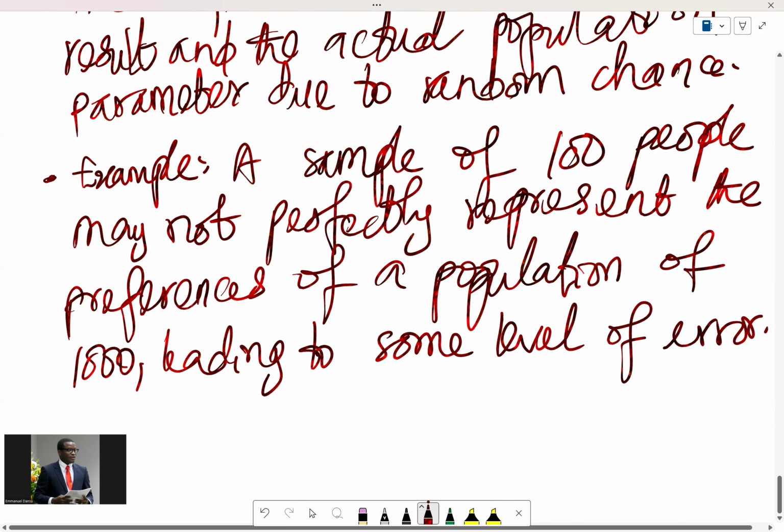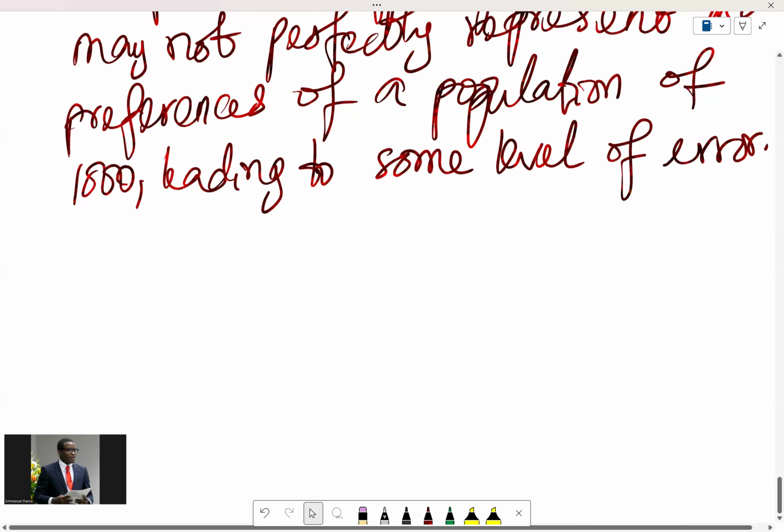So I think there's even a way to calculate the kind of sample you should take from a particular population. We may get there in the course of this. Let's see if we actually get there.